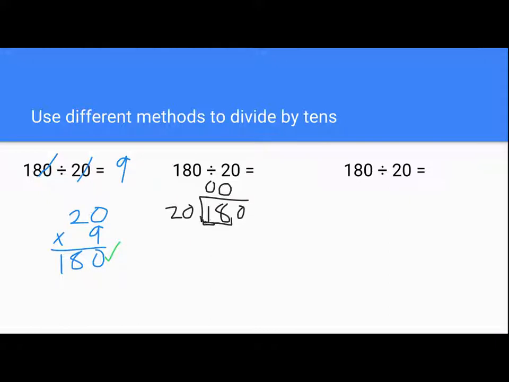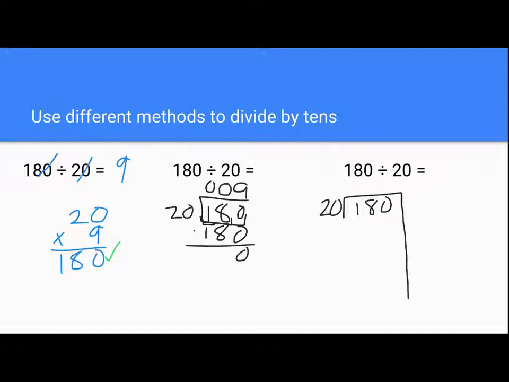But now if we do 180 divided by 20, we can actually go in, and it goes in 9 times. We put the 9 in the ones place. We multiply 9 times 20, which is 180, and then we can subtract. There's no remainder.